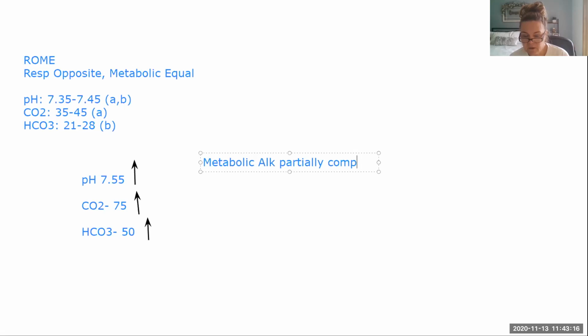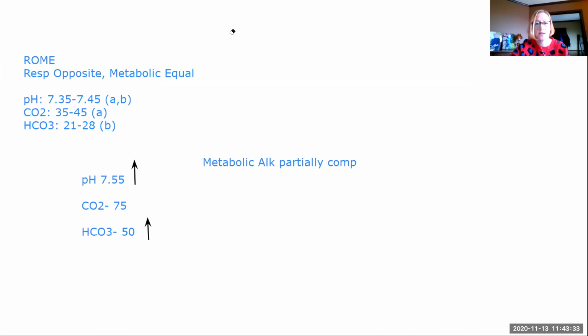So if all the arrows were pointing down, would that still be metabolic? Yep, except it would be metabolic acidosis. So let's now say our CO2 is 40.